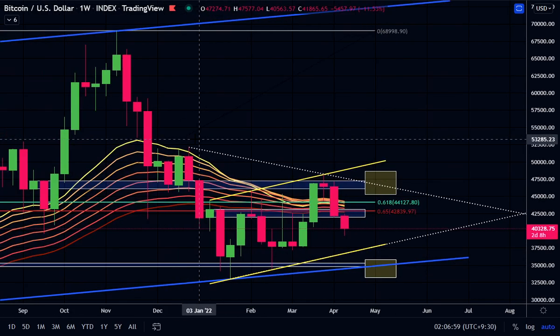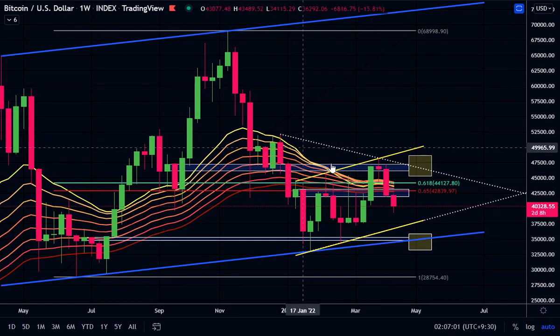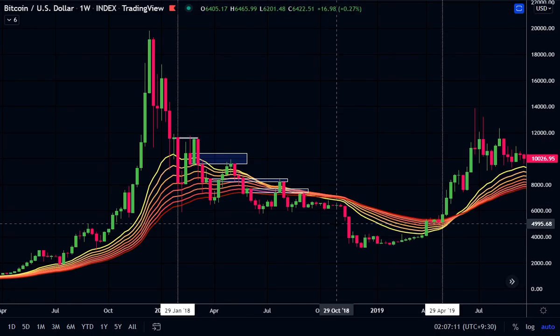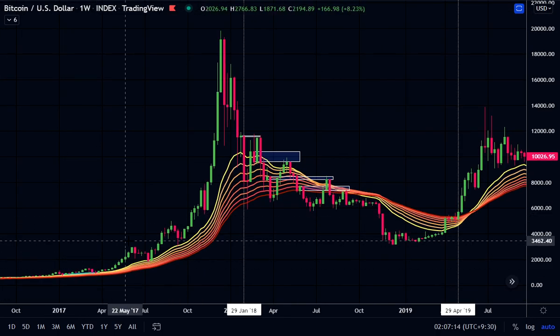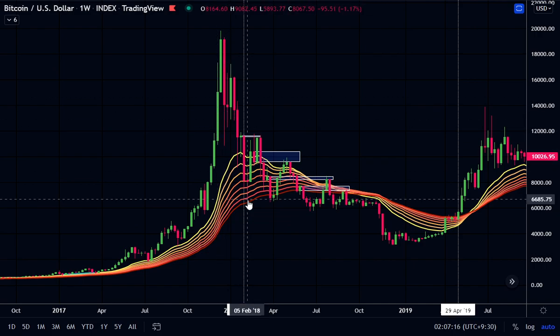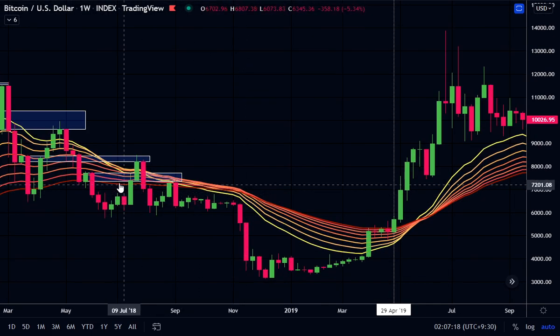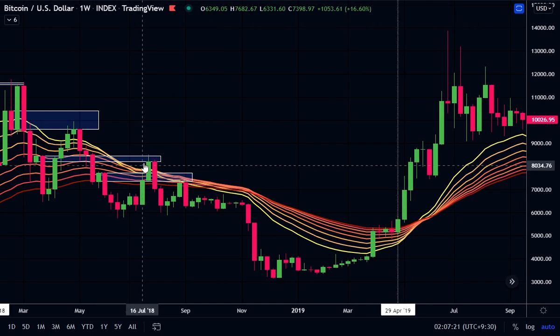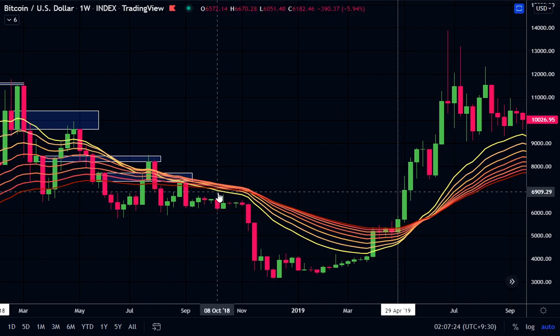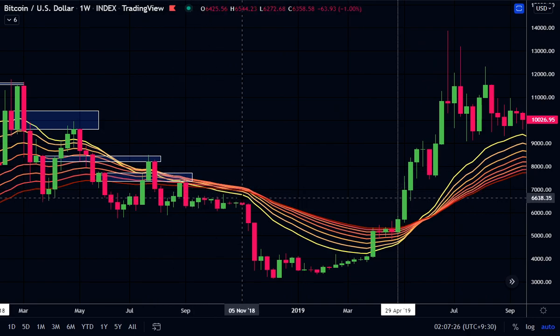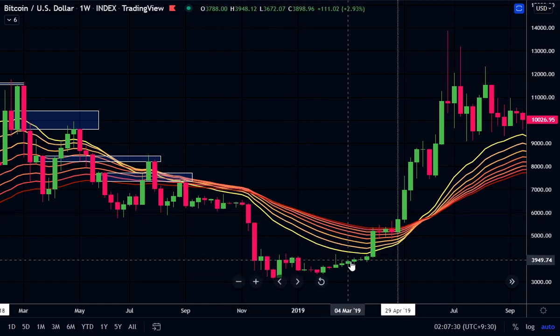And in previous bear markets, once this has flipped, it did indicate continuation of a bear market. And obviously the bull market tends to stay above this ribbon during the whole bull market. And we see once we broke below this ribbon, and it did flip with the yellow going below the red, it indicated continuation of a bear market and one final capitulation.